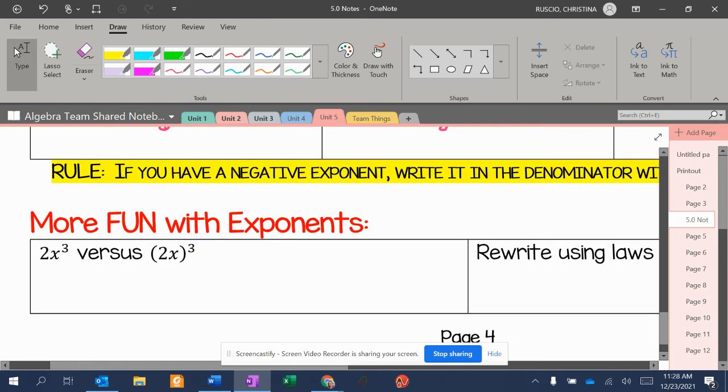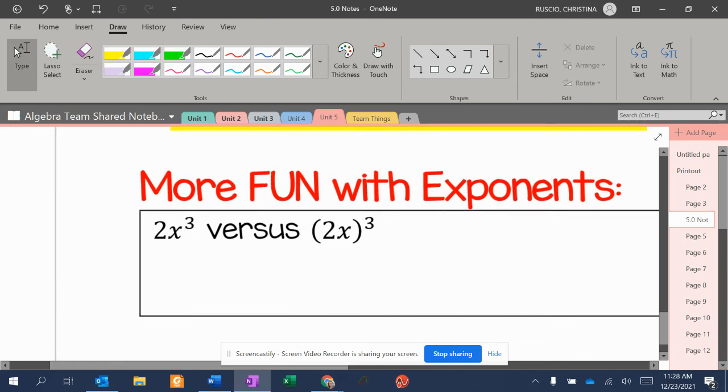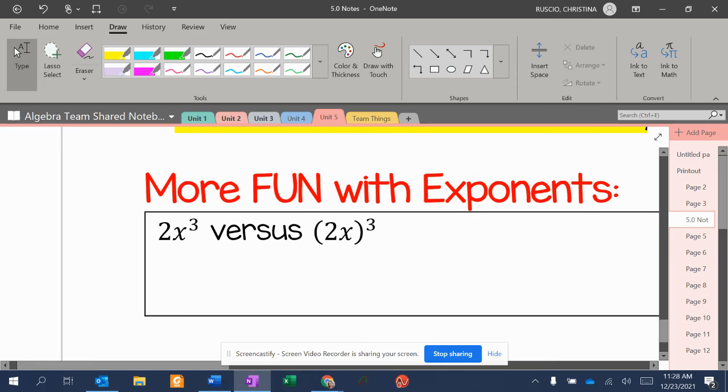Okay. Now, a little more fun with exponents. A couple of things that we wanted to point out is that there is a difference between this and this. And some of you might say, yeah, it's parentheses. Well, it's actually two different answers. 2x to the third power is just 2x to the third power.